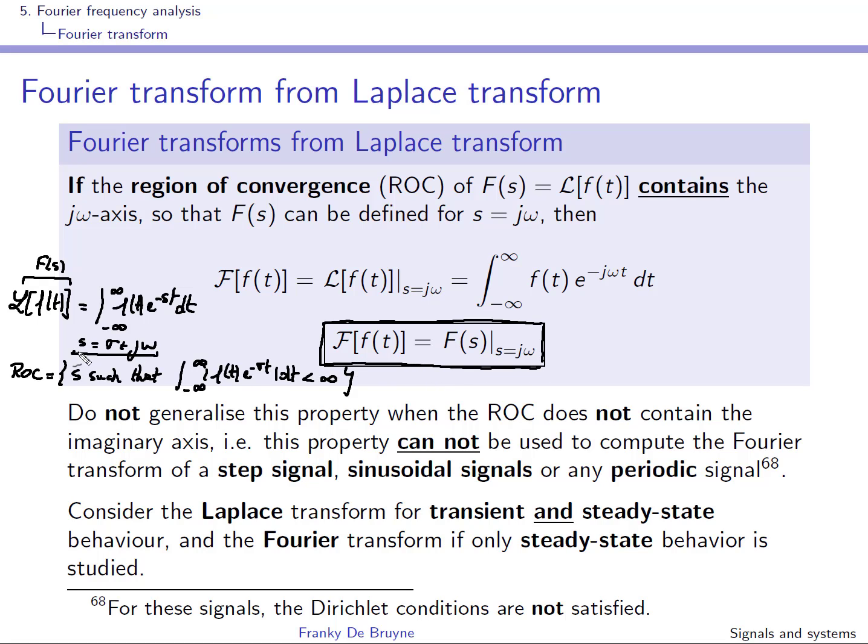But remember that s is sigma plus j omega. When you write this, you kind of ask that this Laplace transform is defined when sigma is equal to 0. So you can do this trick only if the region of convergence contains sigma equal to 0.